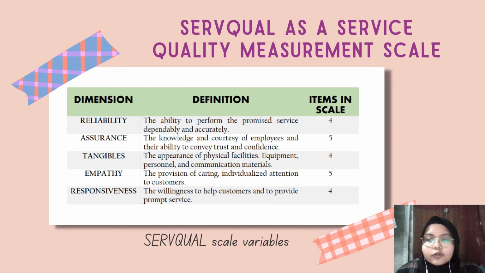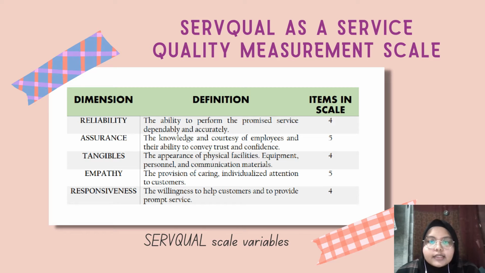And this is the Servqual scale. The variables consist of 5 dimensions, which are reliability, assurance, tangibles, empathy, and responsiveness, which stands for RATER. And each dimension has its own definition. Reliability is defined as the ability to perform the promised service dependably and accurately.